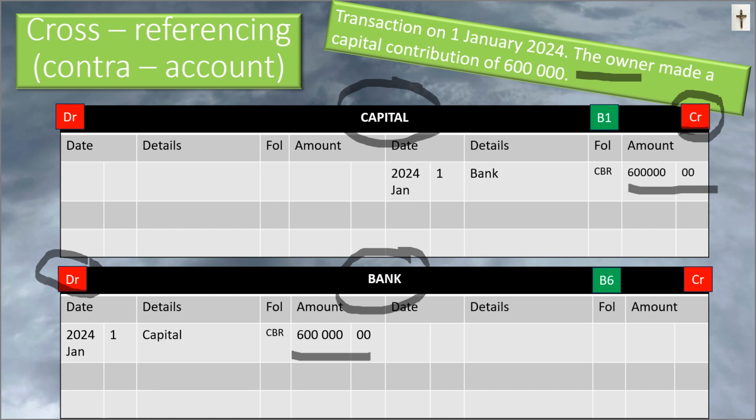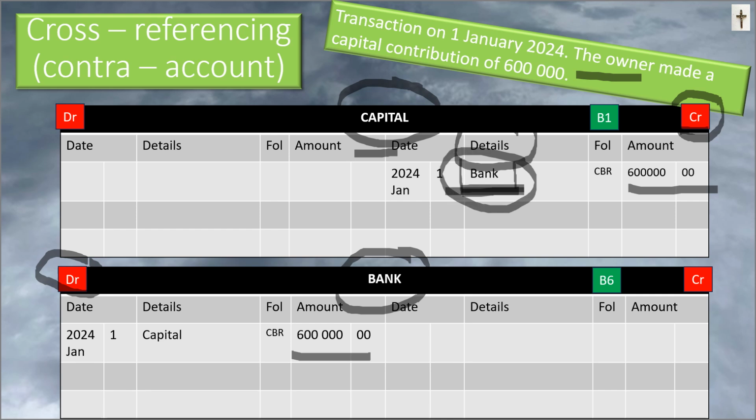Now, under details, the details column of the capital account is the name of the contra account, the other account affected by the transaction. In this case, the contra account to capital is bank.